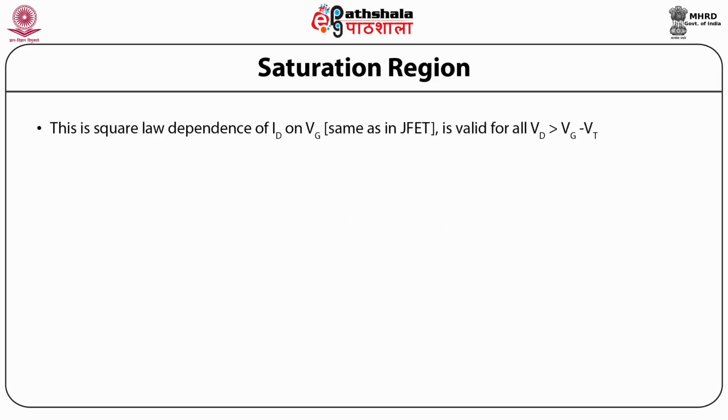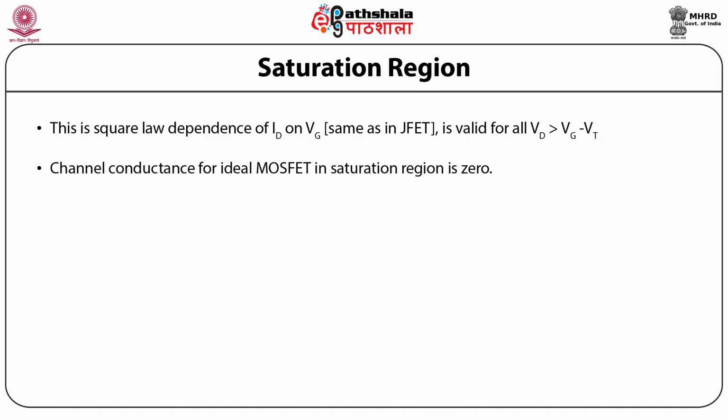So this is the square law dependence of Id on Vg, same as in JFET, and it is valid for all Vd greater than Vg minus Vt. So the channel conductance for ideal MOSFET in saturation region is 0.